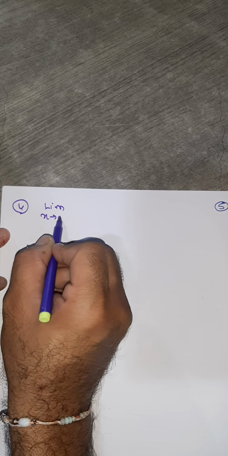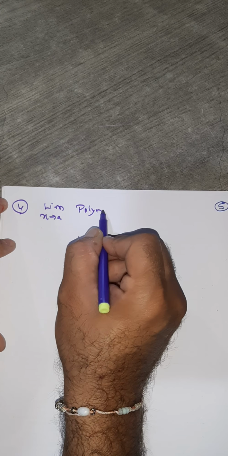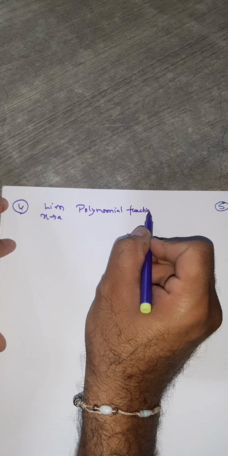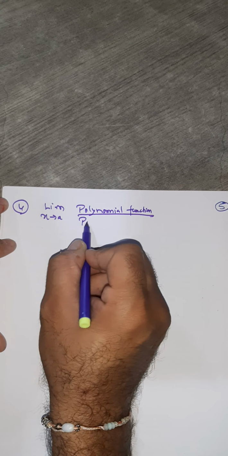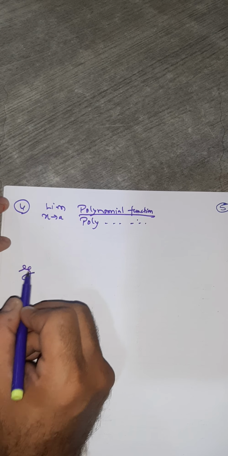That result says that if you have limit x tends to a, with a polynomial function upon a polynomial function, like this, such an example.